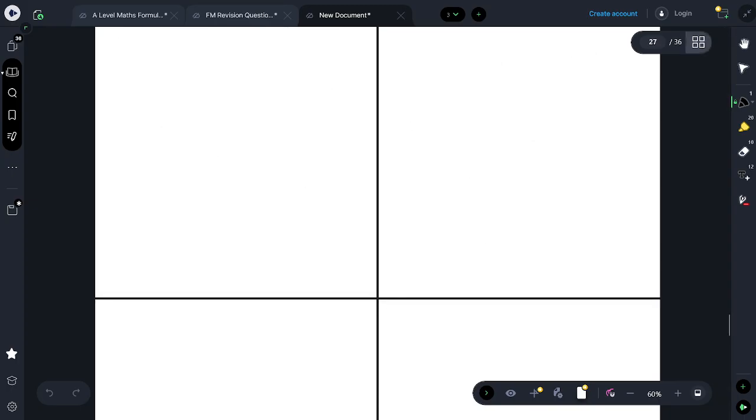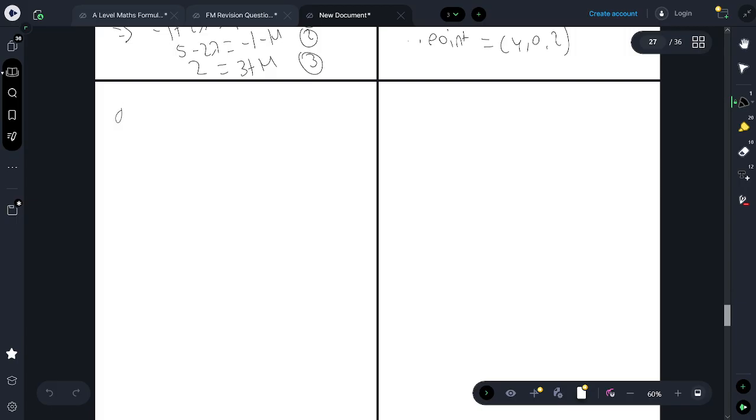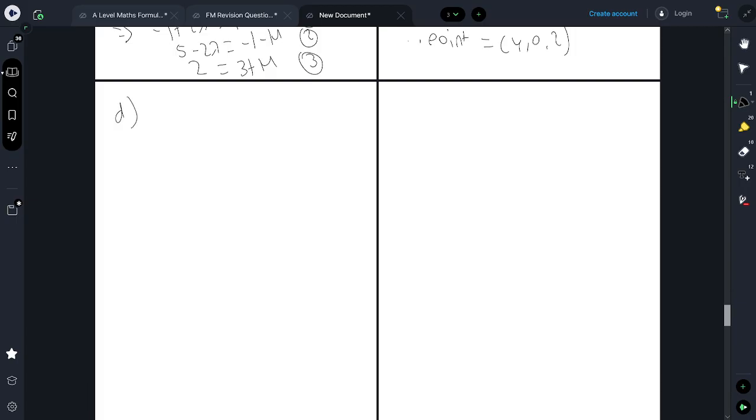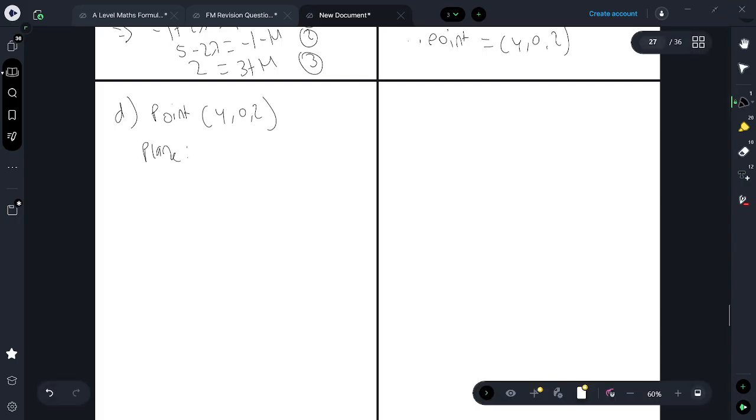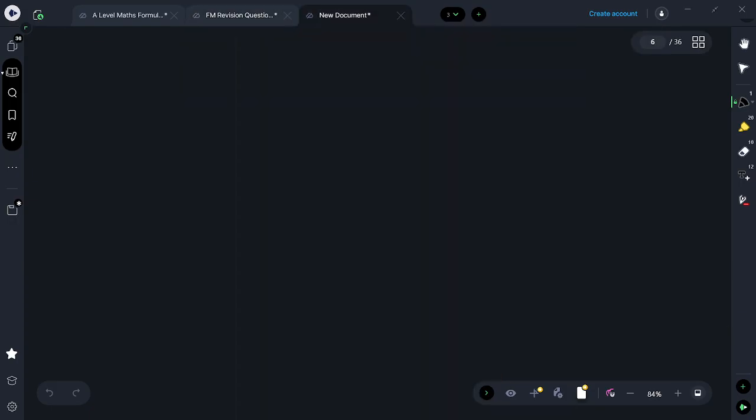Okay, part D. The nest is (4, 0, 2), and the plane is, what was the equation? 2x minus 3y.